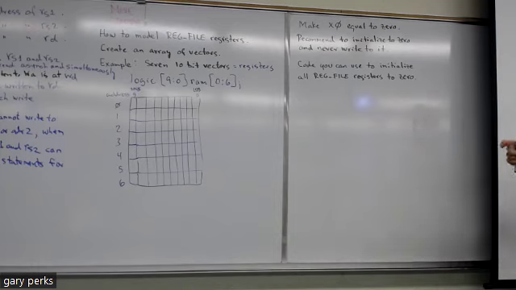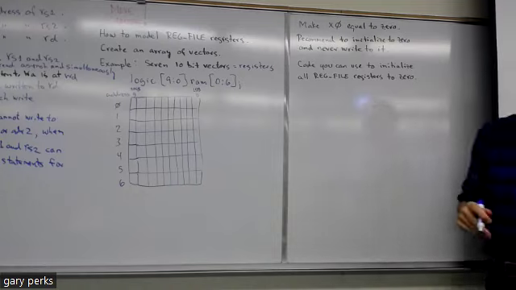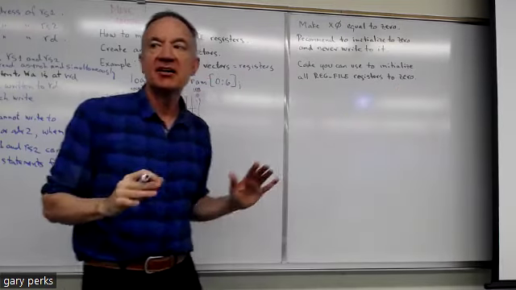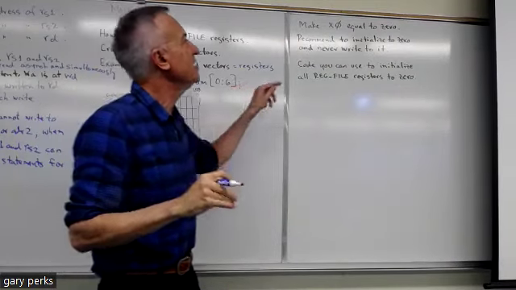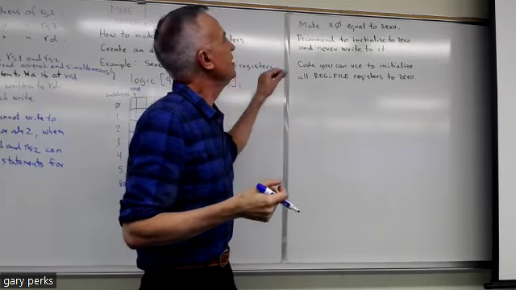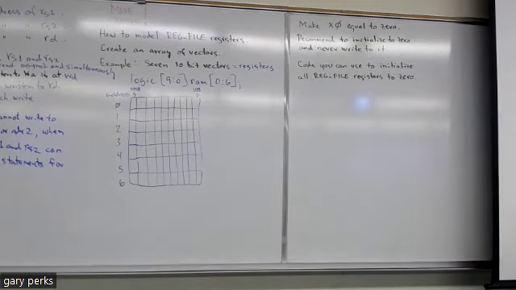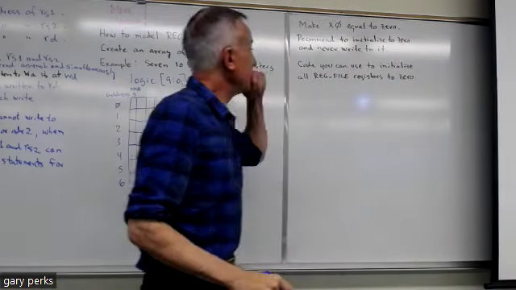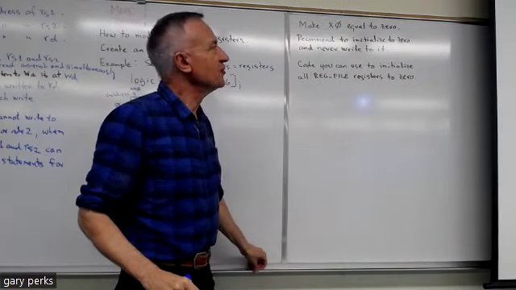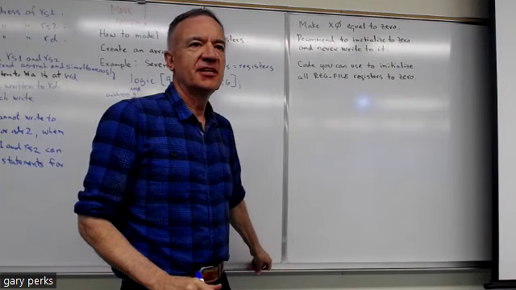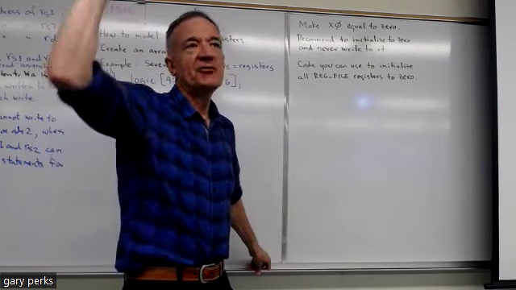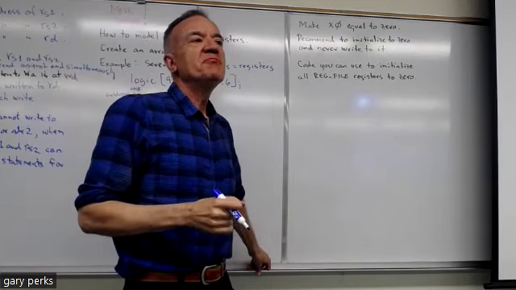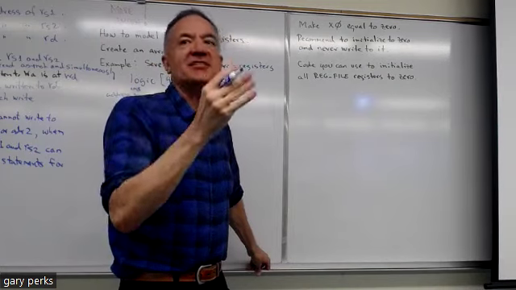There are different ways to do it, some creative ways, but I think the best way, and this is how I did it, is to initialize all your registers to 0 to begin with, and then make sure you never write to register 0. If you think of something else that works, by all means, there's more than one way to do this.